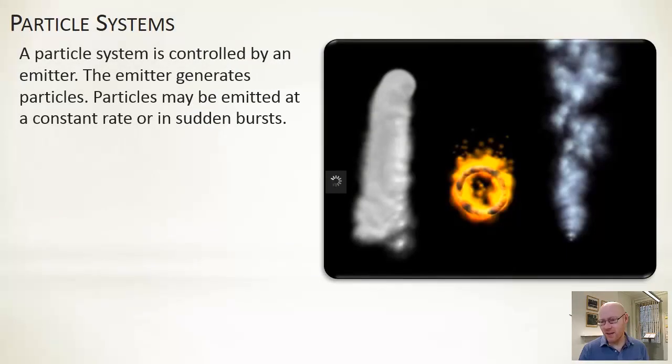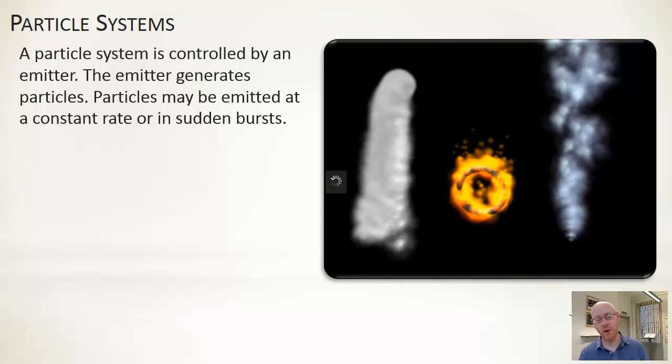You might think that for something that can do all of these different systems it must be complex. Actually quite the opposite. They are reasonably straightforward entities. At their heart they have what is known as an emitter. So you've got a particle system, so obviously you've got particles, and the particles are created by an emitter.